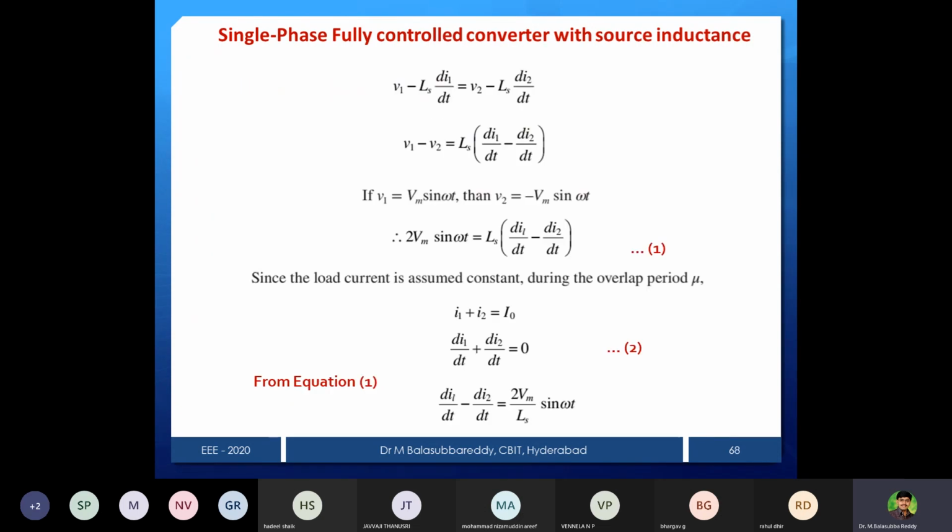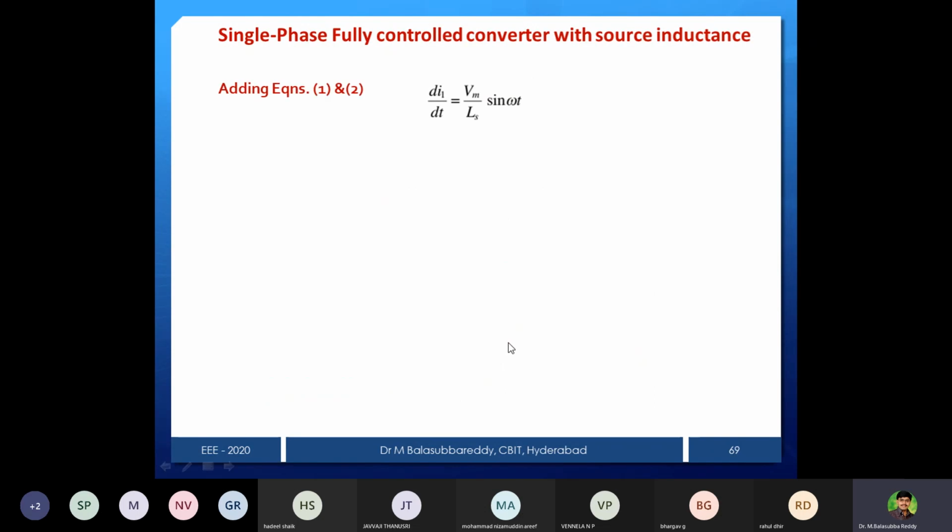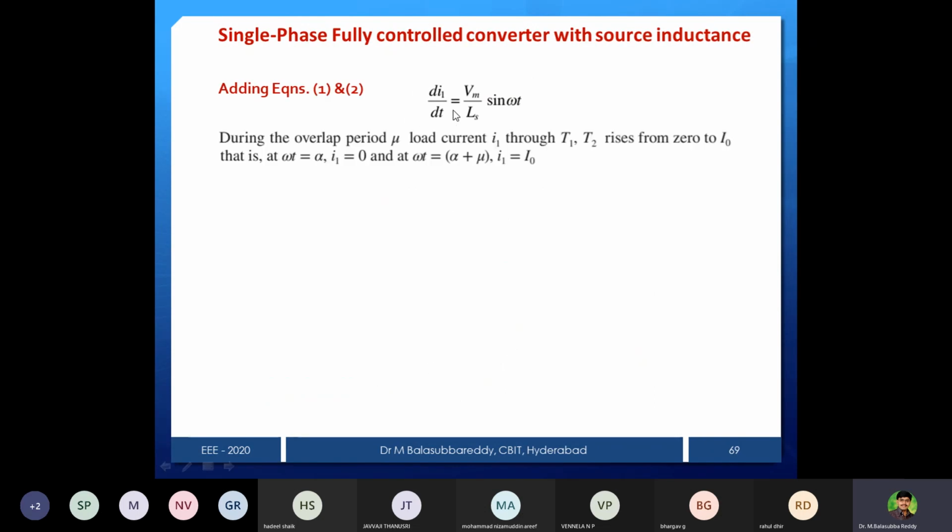If I add these two equations, the plus and minus terms get cancelled out: minus di2 by dt plus di2 by dt cancel, and di1 by dt plus di1 by dt gives 2 di1 by dt. After simplification, we get di1 by dt is equal to Vm by Ls into sin omega t.